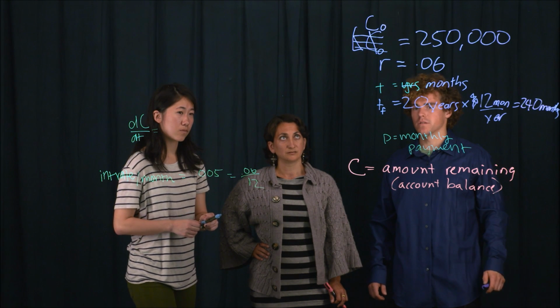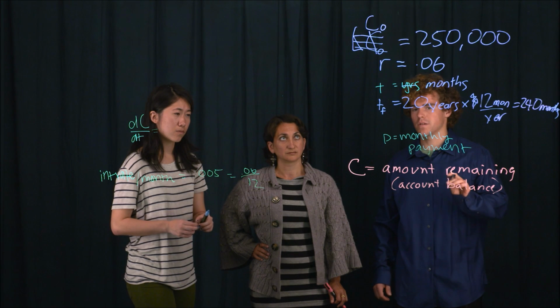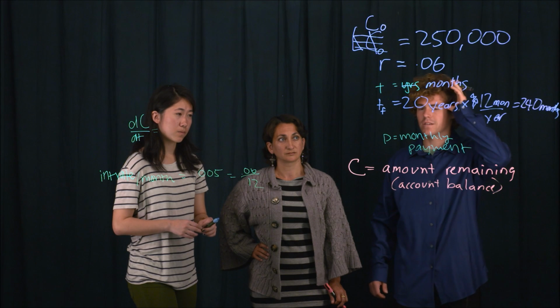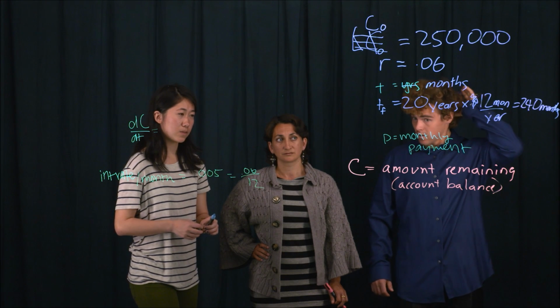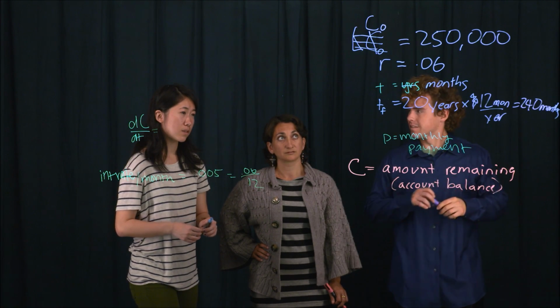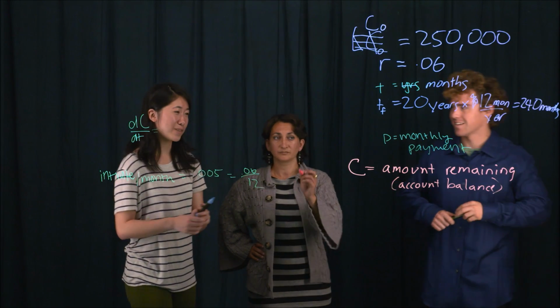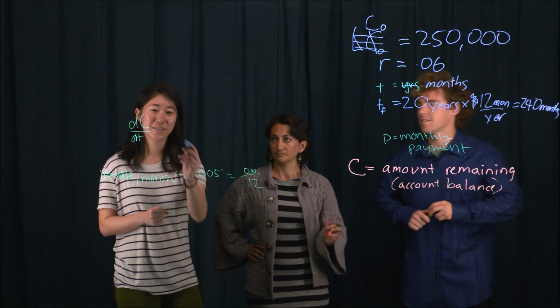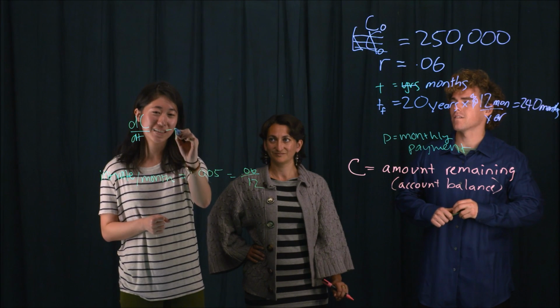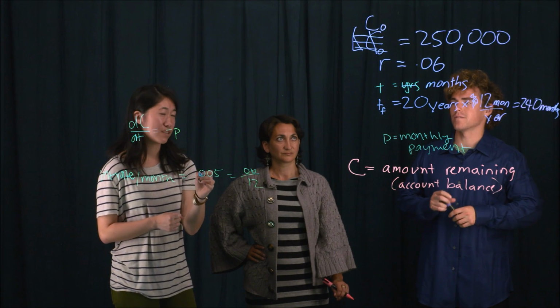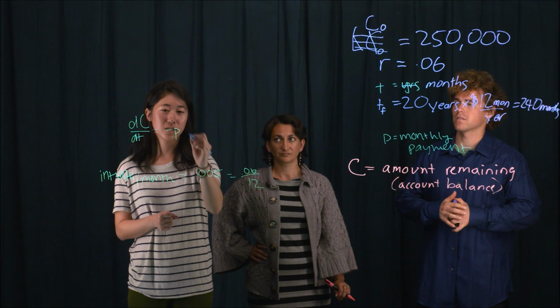It's going to be P. It's going to be negative P and C. Okay, Emily, can you write negative P times C? Or plus C.